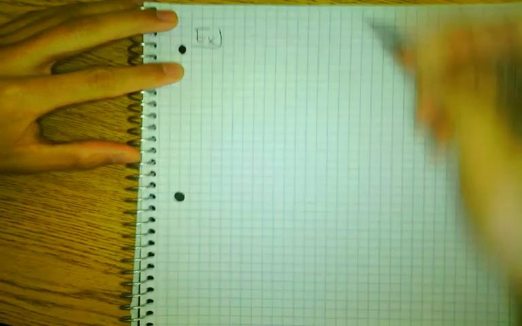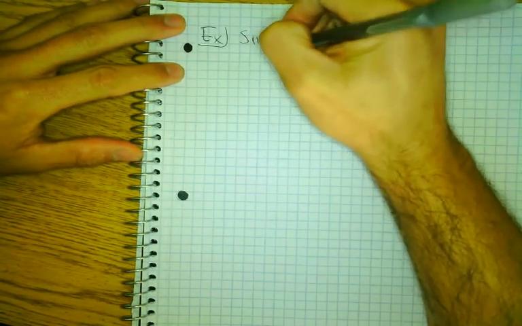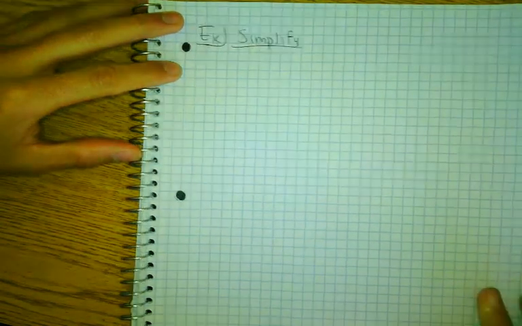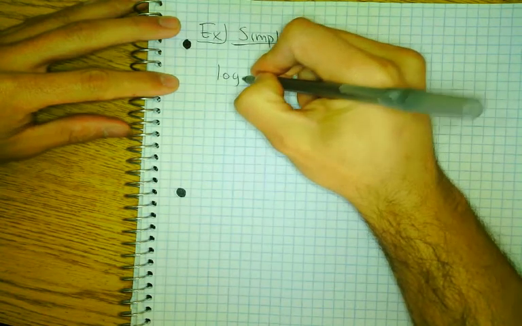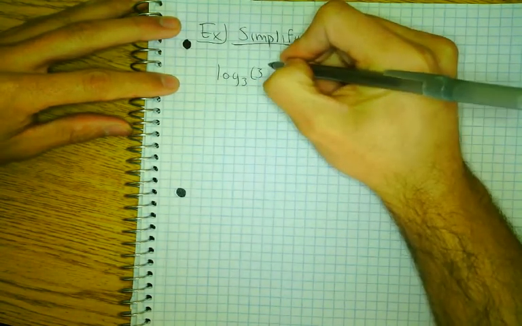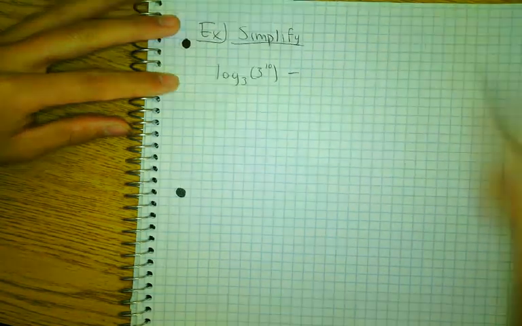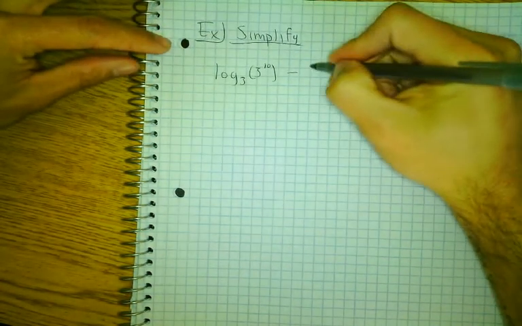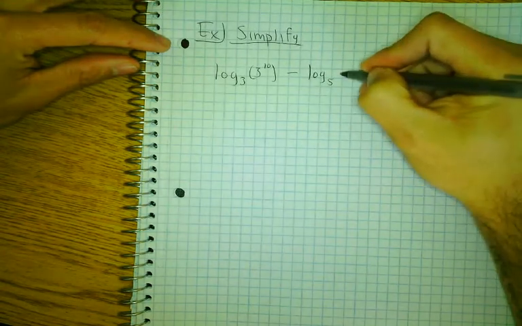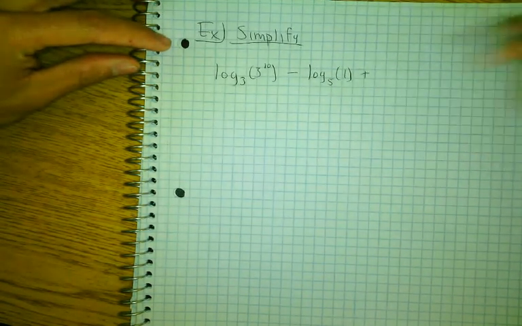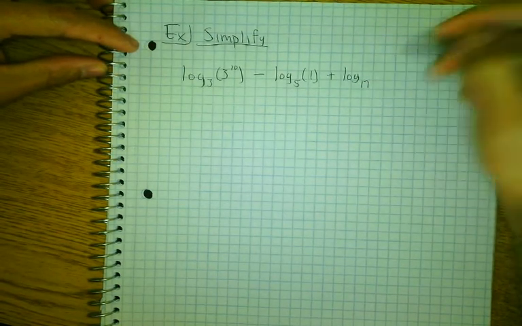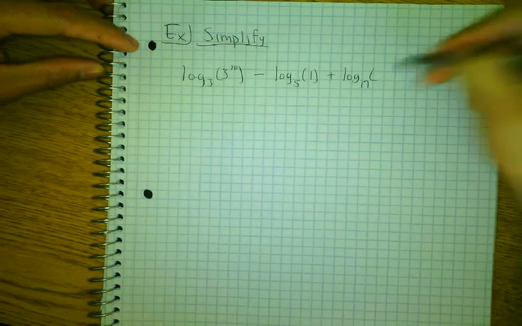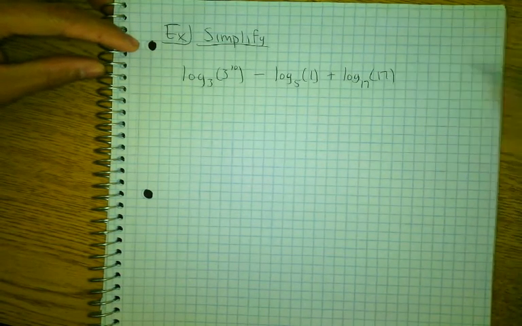Okay. So, using these properties, we're going to just do a couple of practice problems, and then you guys can go to lunch, okay? I'm going to ask you to simplify an expression. So let's say you have logarithm base 3 of 3 to the power of 10, minus logarithm base 5 of 1, plus logarithm base 17 of, I don't know, 17.